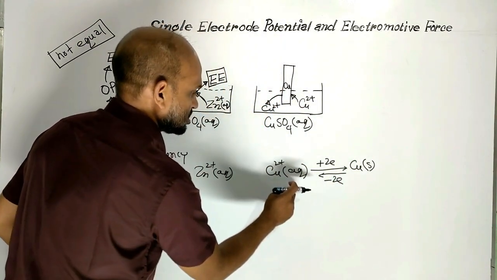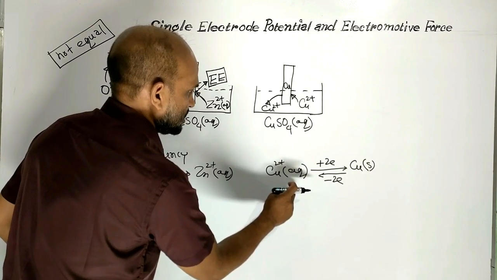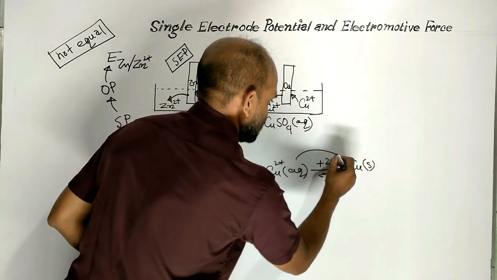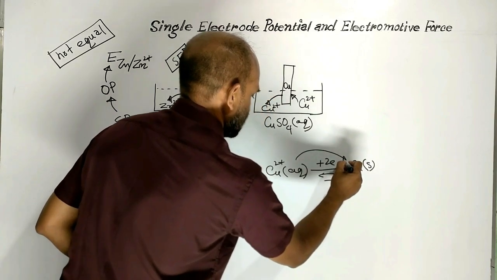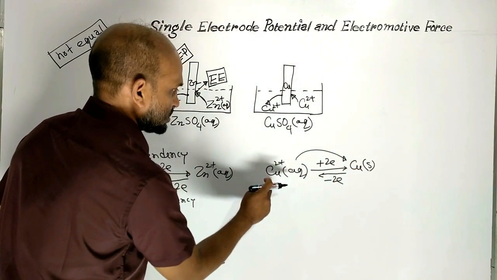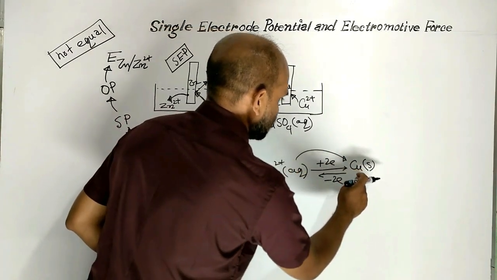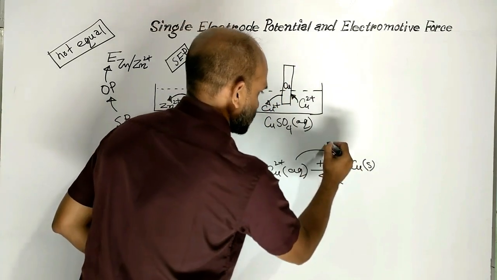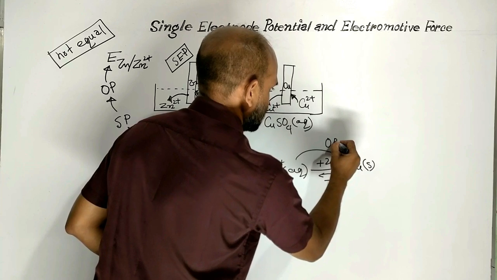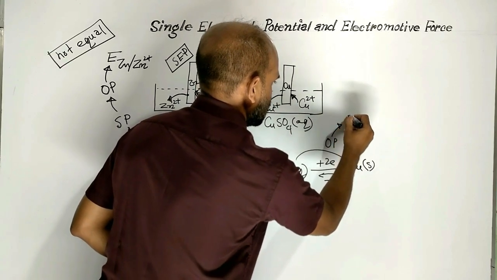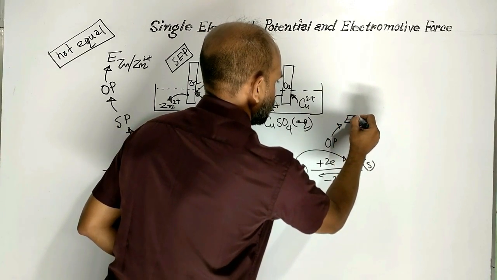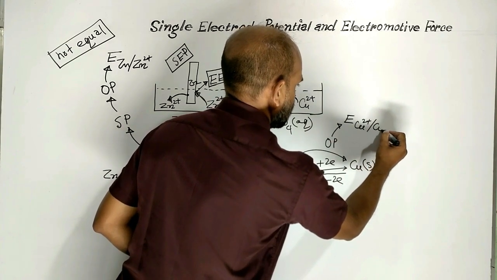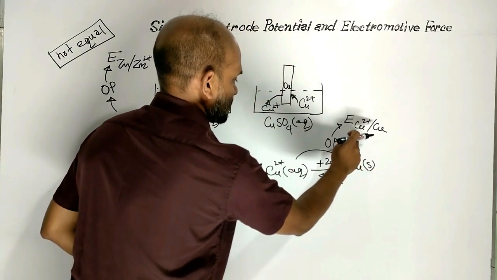Both the processes are not the same, not equal. Here, the conversion of copper ion to metallic copper, which is osmotic pressure, is actually reduction potential.